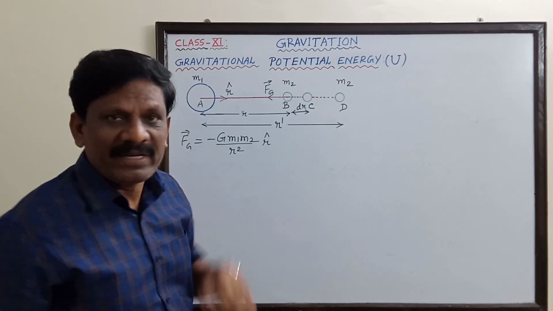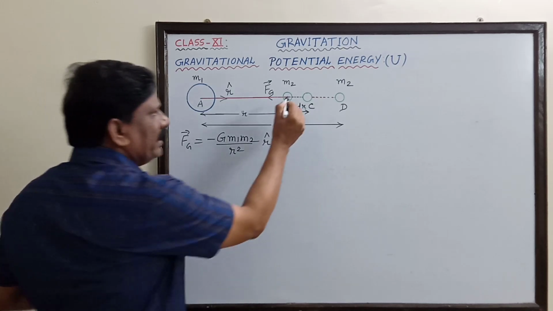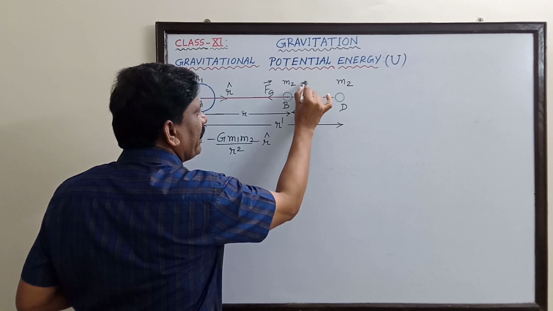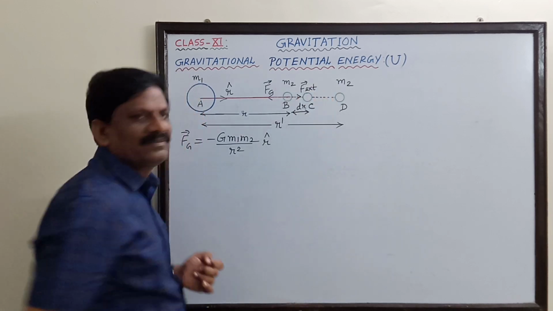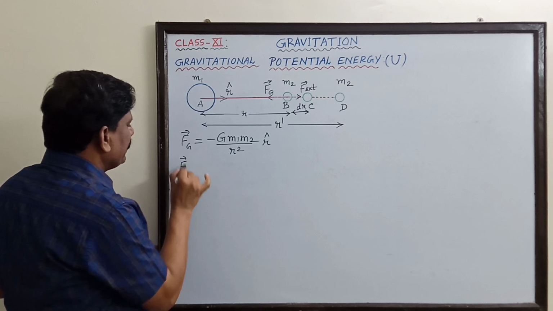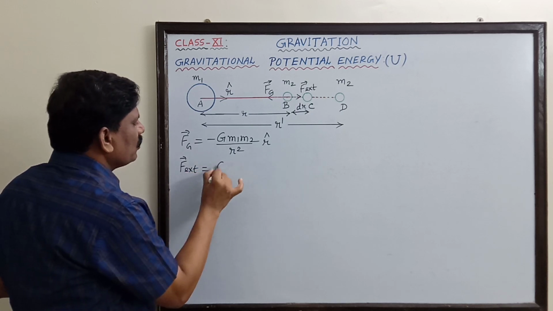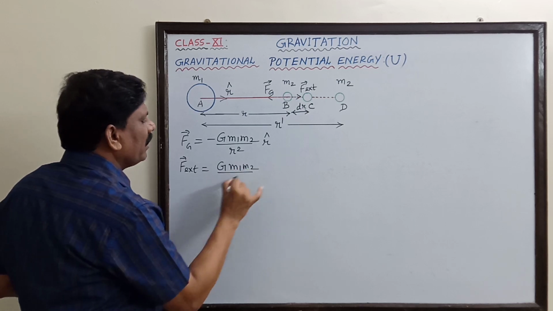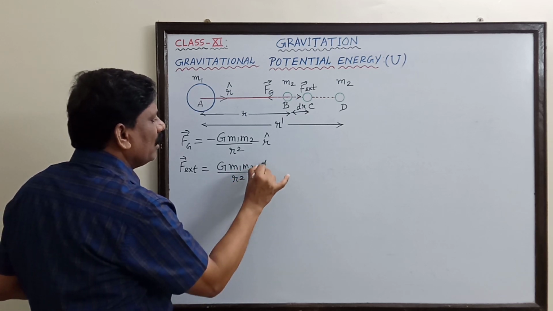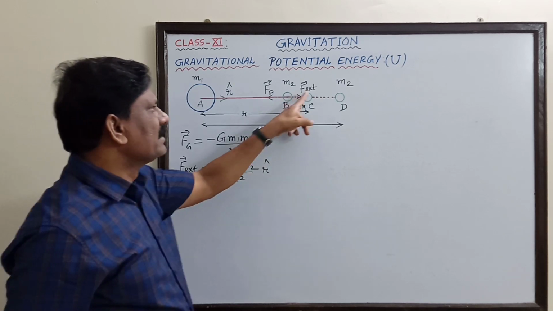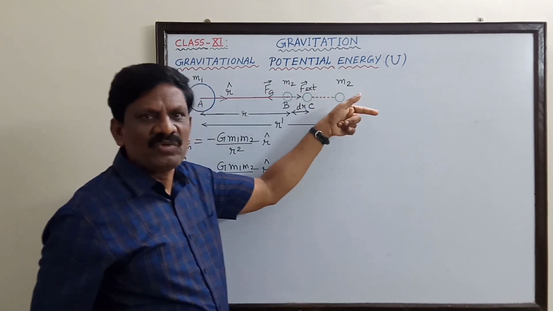So I have to apply an external force in this direction. So F external is equal to positive of G m1 m2 by r square into r cap. The minus sign vanishes because this external force is acting from left to right.